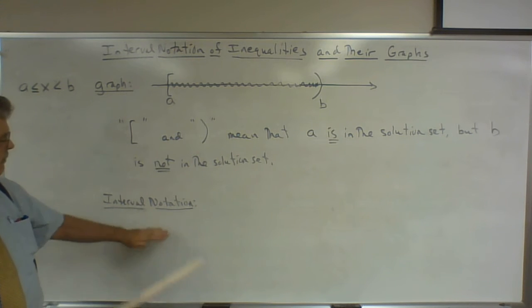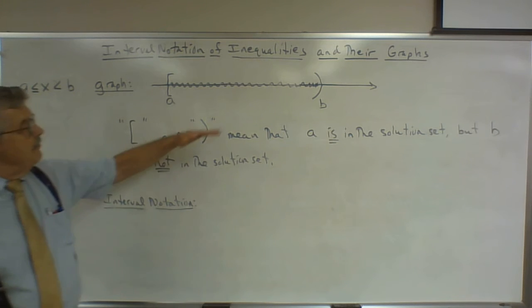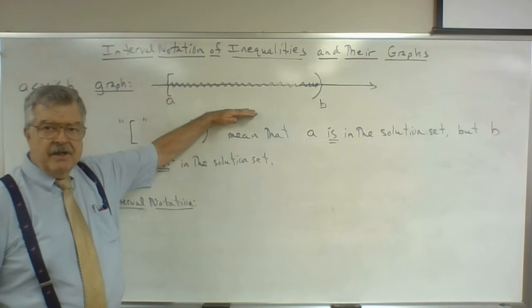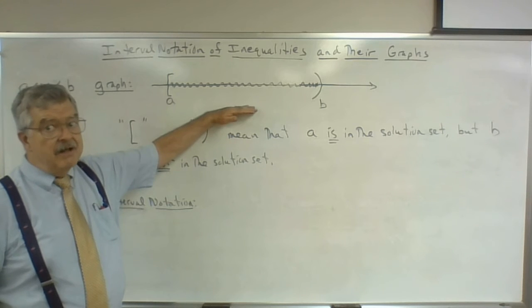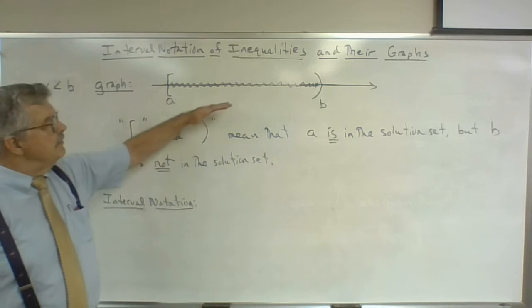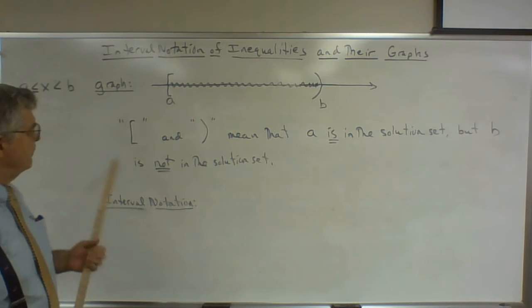Now, how am I going to represent this in interval notation? The picture of the graph of the solution tells us pretty much what the interval notation solution will look like.